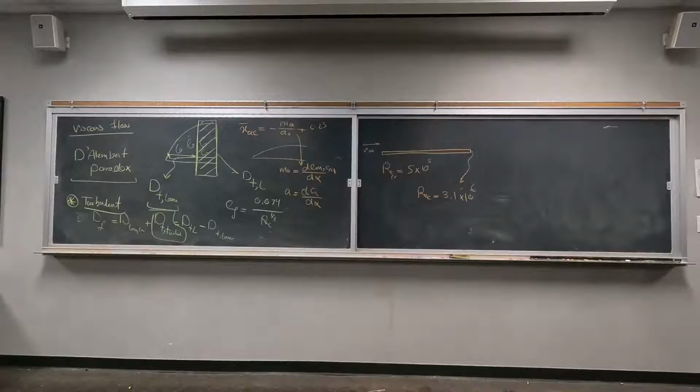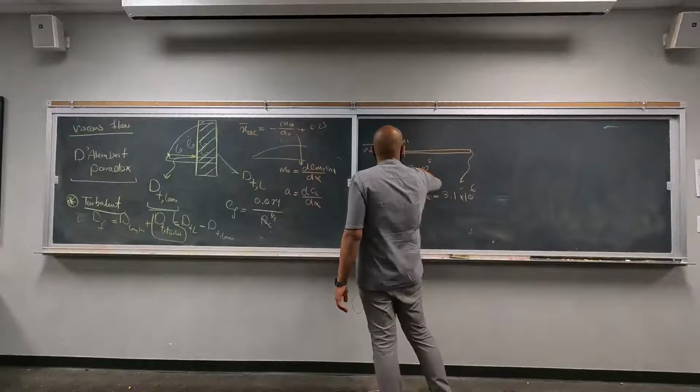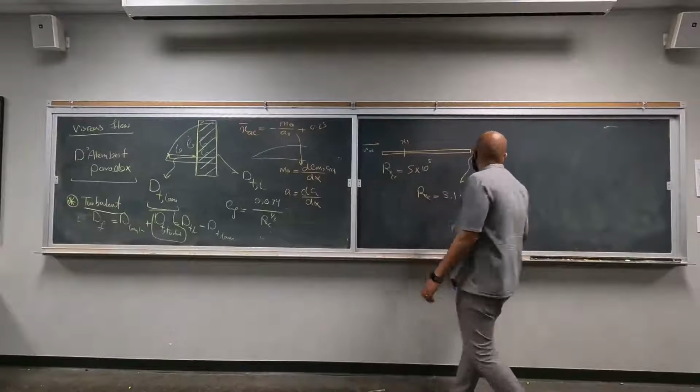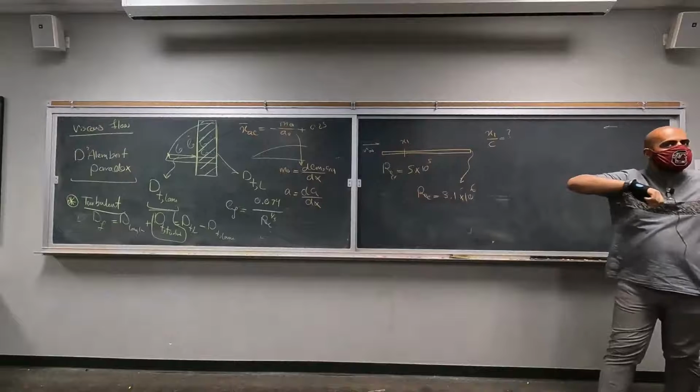Can we find the transition point as a ratio like this? Let's call the transition point x1. Can we find x1 divided by c? Can we find this?